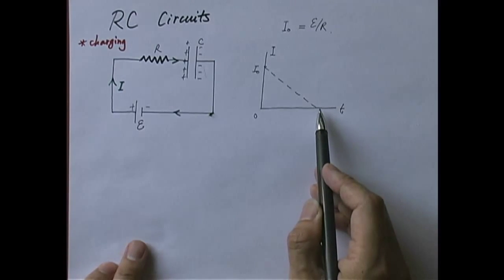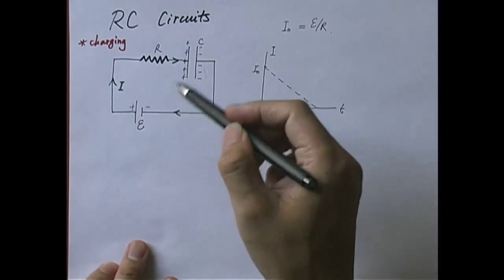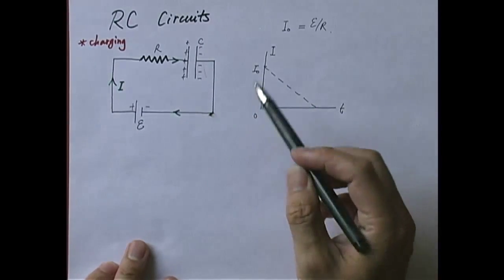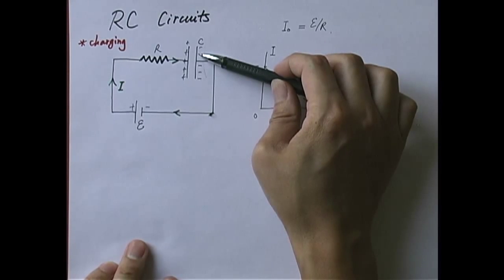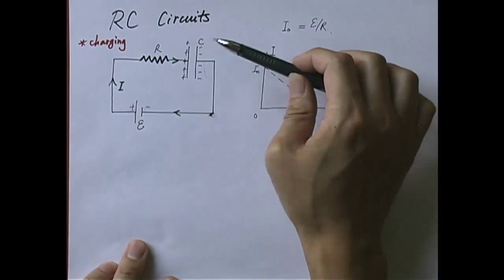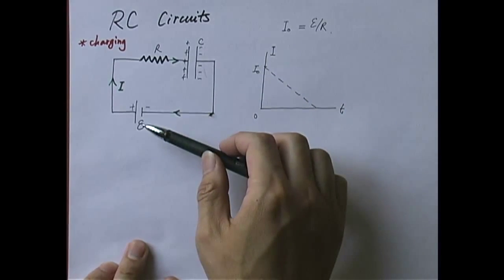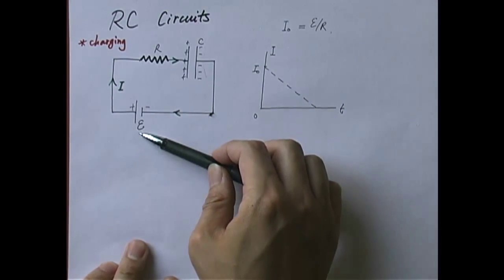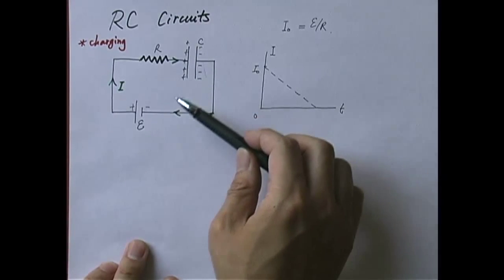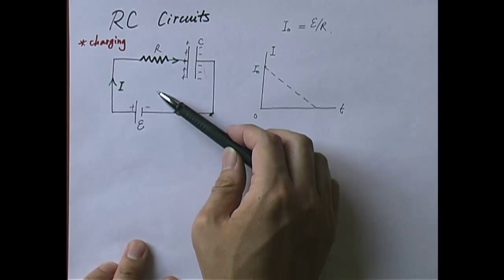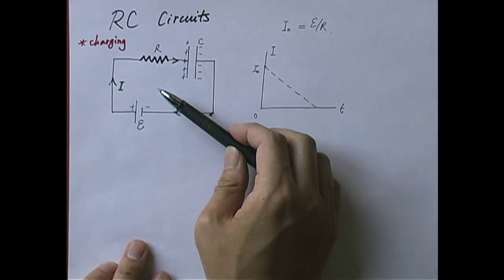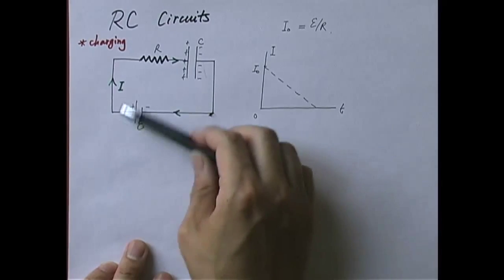In reality, imagine when the charging has been going on for quite a while, and this capacitor is nearly fully charged. Not quite fully charged, but nearly fully charged. So there's only a tiny difference between the potential difference here and the voltage there. EMF is only slightly greater than that. So at that point, the current flowing through will be extremely small. When the current is extremely small, that will slow down the charging process.